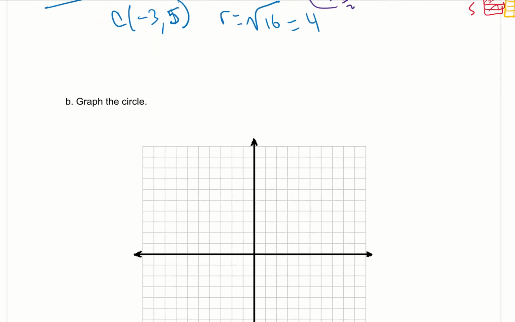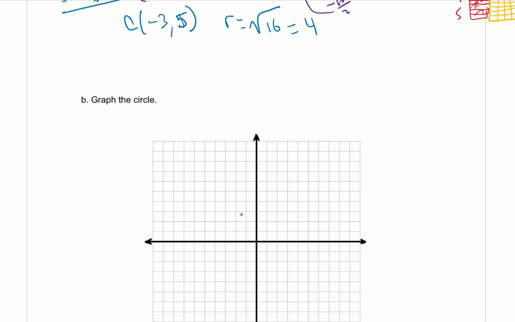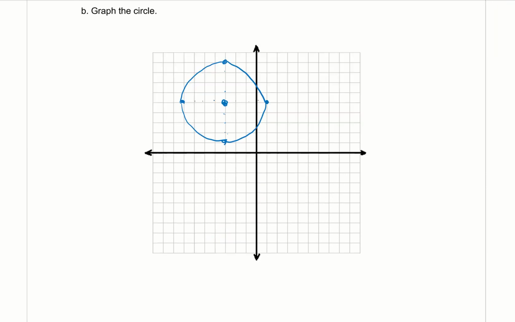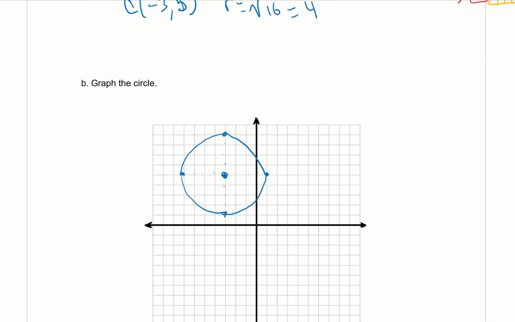We can graph the circle now. We got negative 3, 5, and the radius is 4. All right, and we have ourselves our circle.